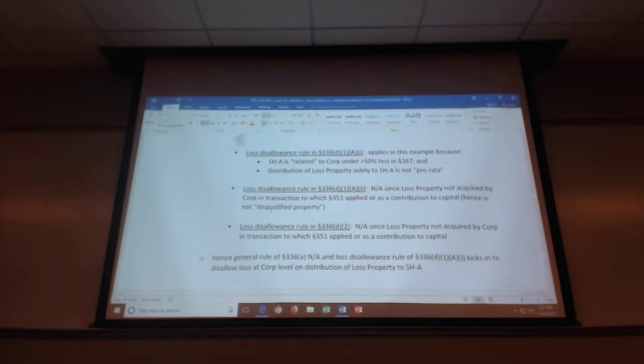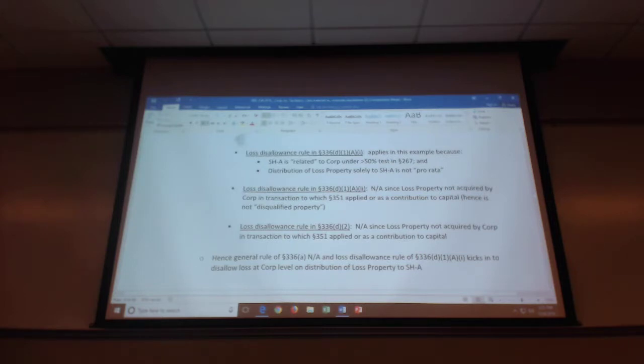Again, blame Enron. This is another one of these anti-abuse rules where... it's not just Enron, yes? Does it have to be a combination of related and non-pro rata, or can it be either or?